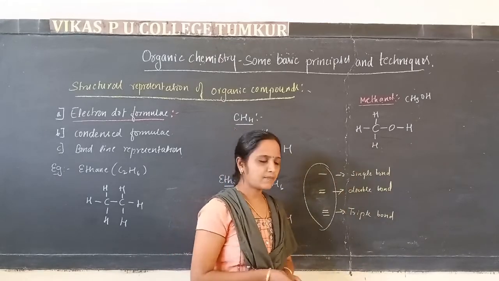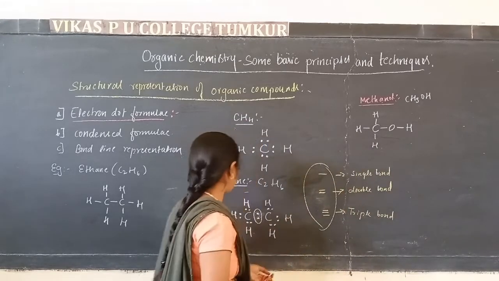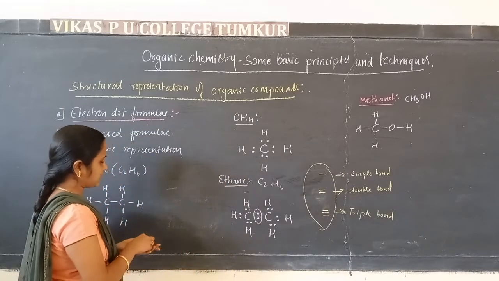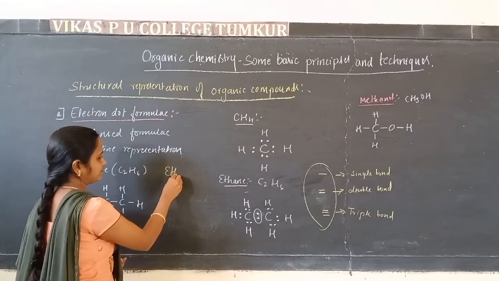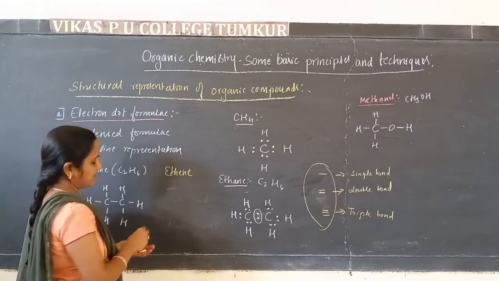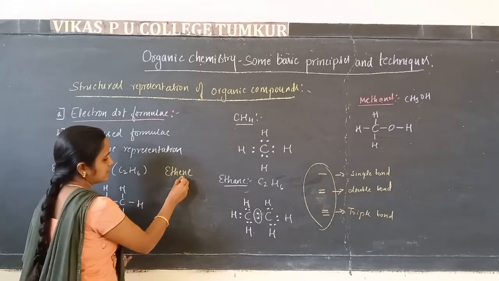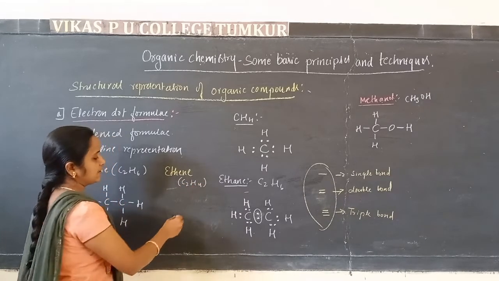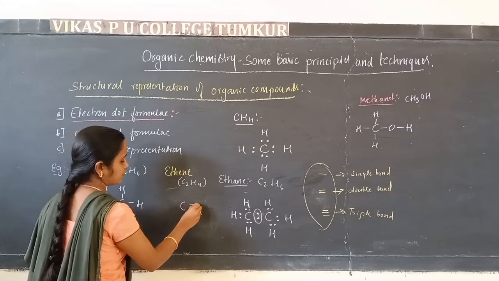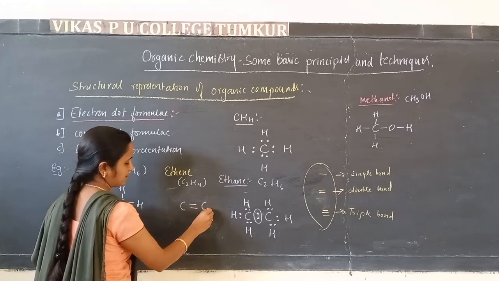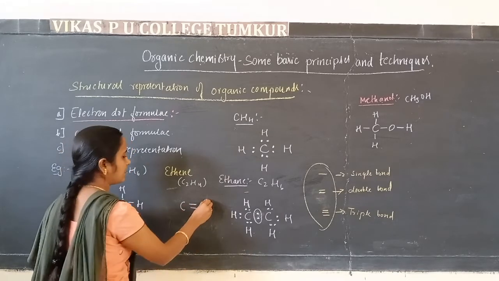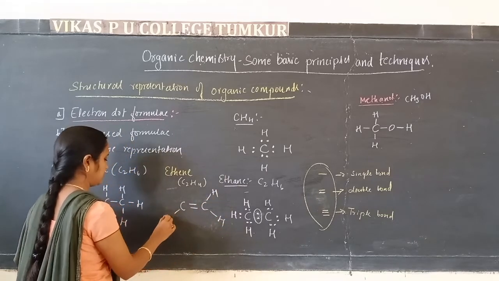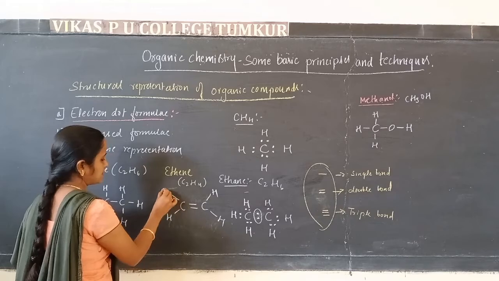Suppose we take some other example, ethene. The molecular formula of ethene is C2H4. The carbons have a double bond between them, and the remaining hydrogens are attached by single bonds.